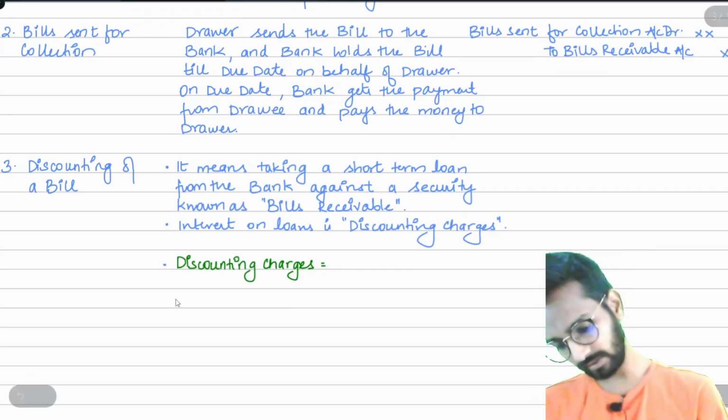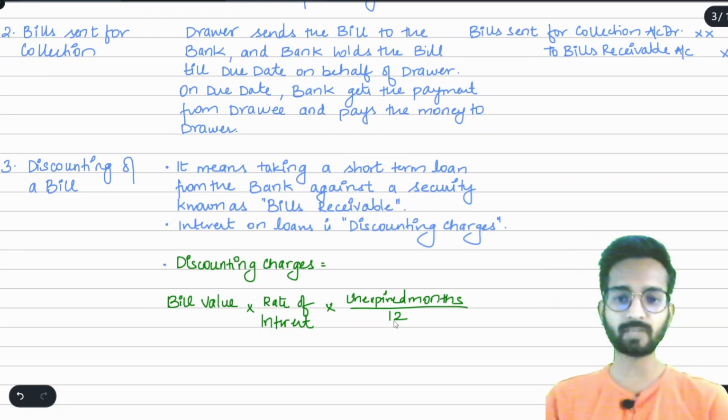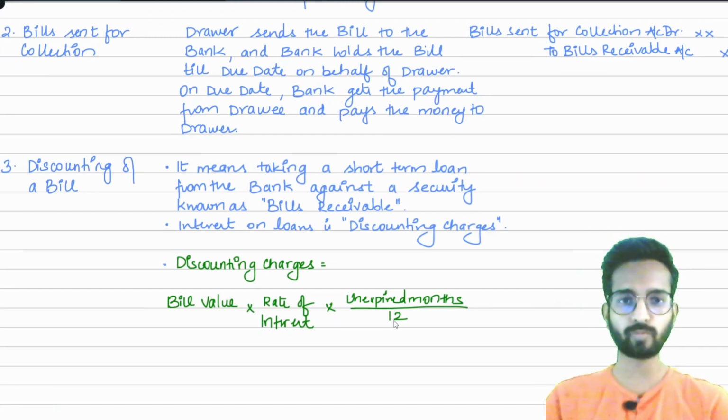How do you calculate? The value of the loan, whatever they have given, the bill value I am writing here, multiply rate of interest, okay, multiply unexpired months, divided by 12. Why unexpired months? Suppose the bill was given for 2 months.